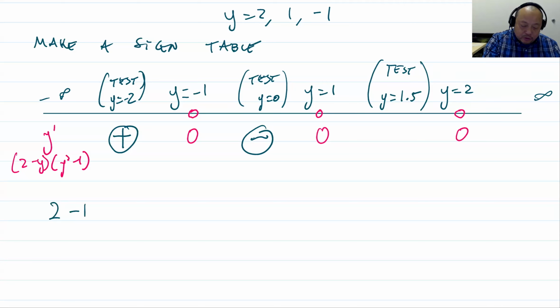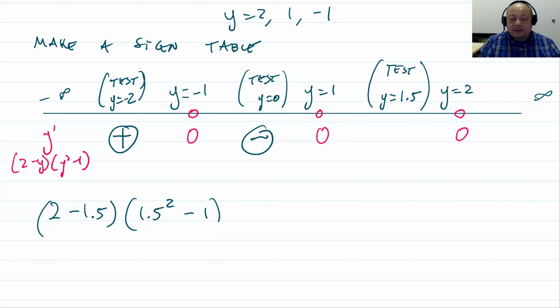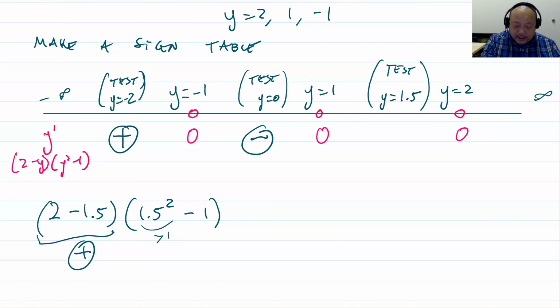I have (2 minus 1.5) times (1.5 squared minus 1). I don't really need to compute this out. I just know that 2 minus 1.5 is a positive number, and 1.5 squared is going to be bigger than 1, so when I subtract 1, I get a positive number. Positive times positive is positive, so I know it's positive here.